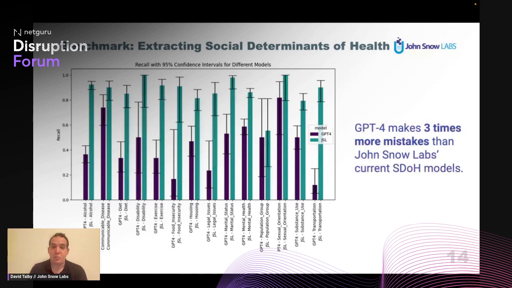When we benchmarked our current state-of-the-art models for extracting social determinants against GPT-4, and this was done very recently, what we found is that on average, GPT-4 makes about 3 times more mistakes than our current models. And we see the same with healthcare-specific LLMs that we have tuned.